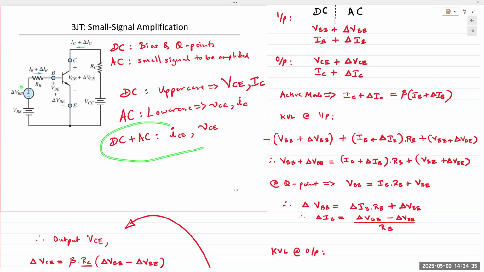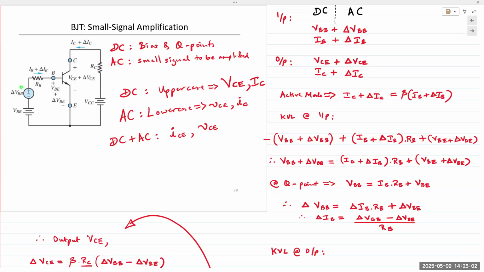And if you want to describe a quantity that comprises both AC as well as DC components, then we use a mix, lowercase and uppercase. This is standard accepted practice. This is something you should definitely be aware of. Okay, if you see something like this, you should understand what it's trying to say.